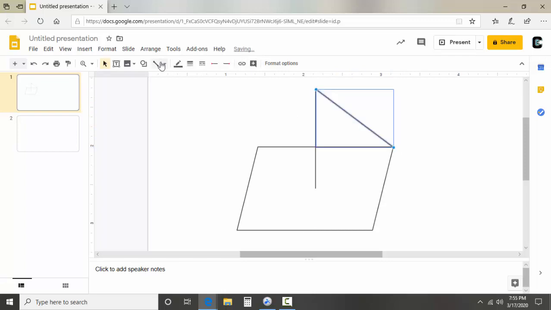Okay. 1, 2. Guess I don't need to count for you. I'm going to have to fix that one because it looks terrible. And one more.